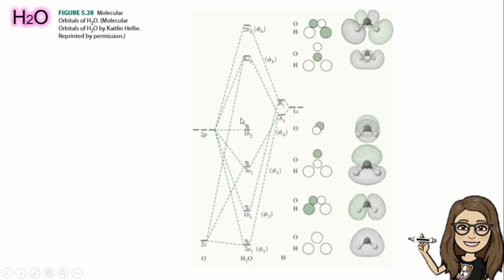The oxygen py, with B2 symmetry, does not match the symmetry of the hydrogen 1s group orbitals and is therefore non-bonding. The oxygen 2s orbital has an energy of negative 32.38, nearly 20 below the hydrogen orbitals in energy.